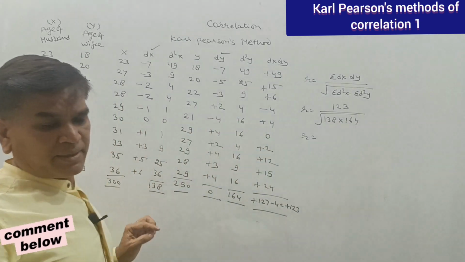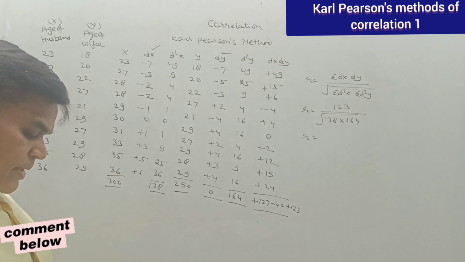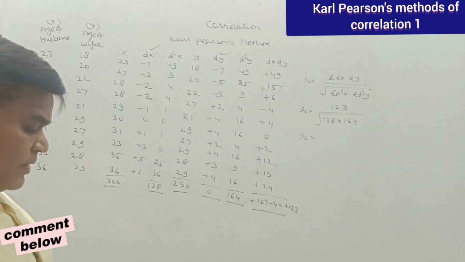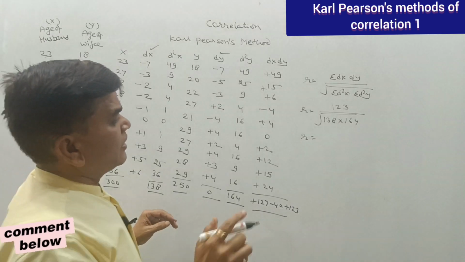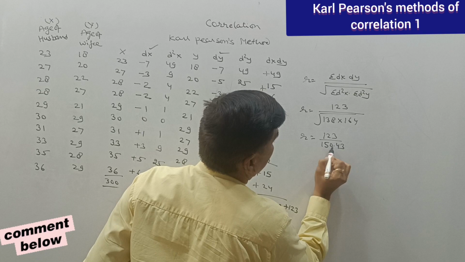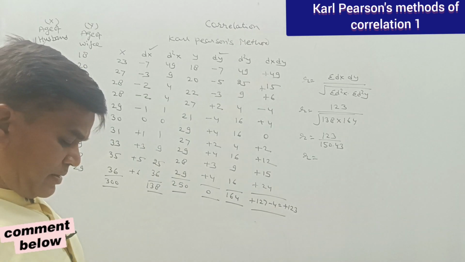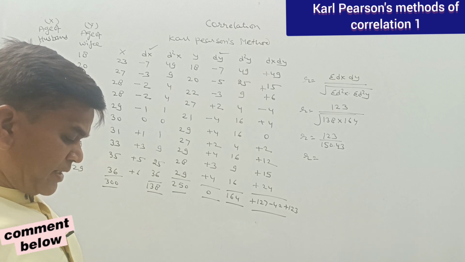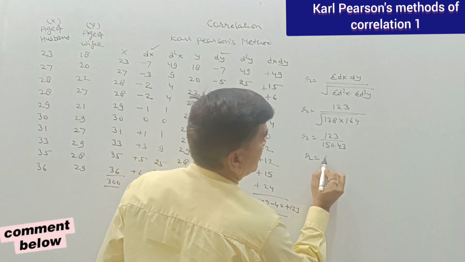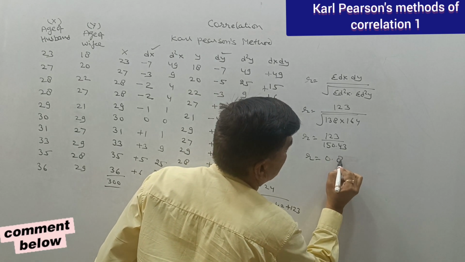It's very easy. 138 multiplied by 164, the square root is 150.43. So the value of r is 123 divided by 150.43, that is 0.817.